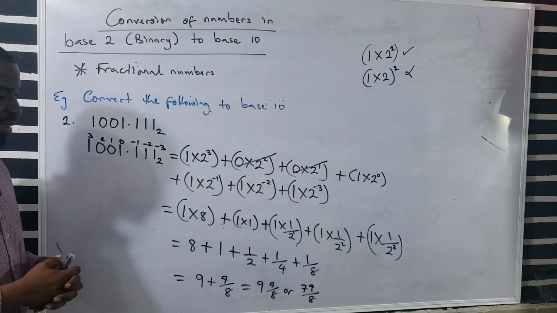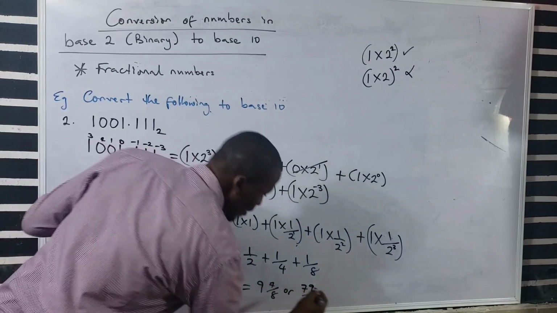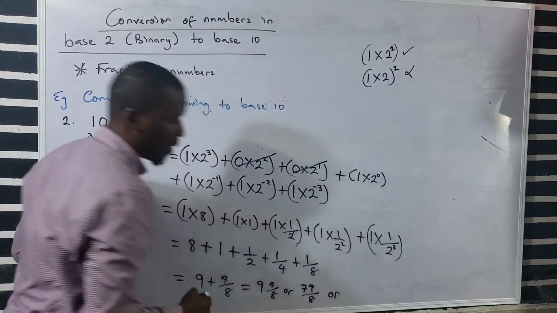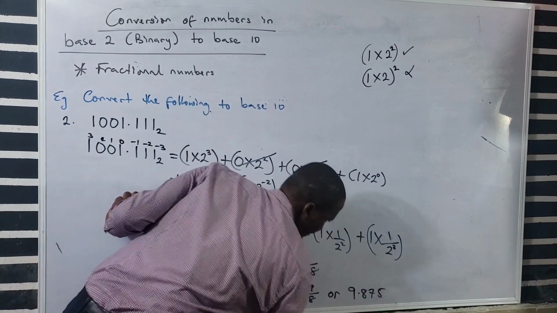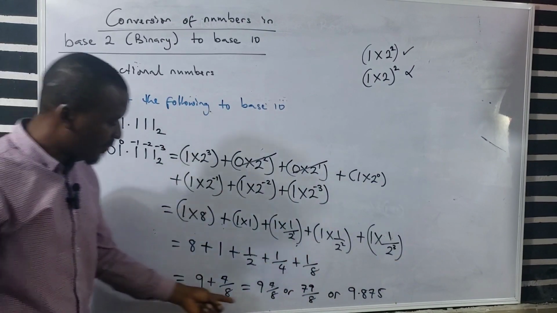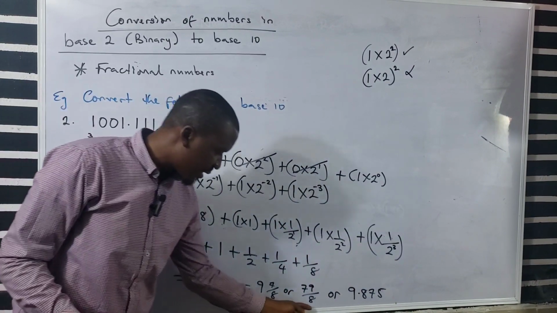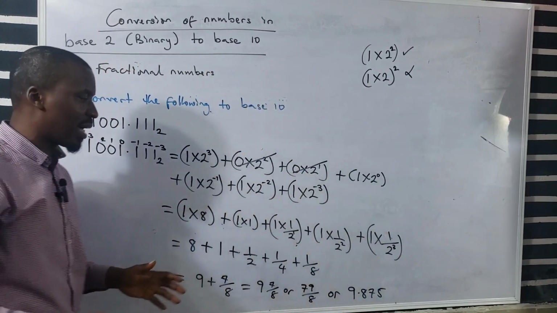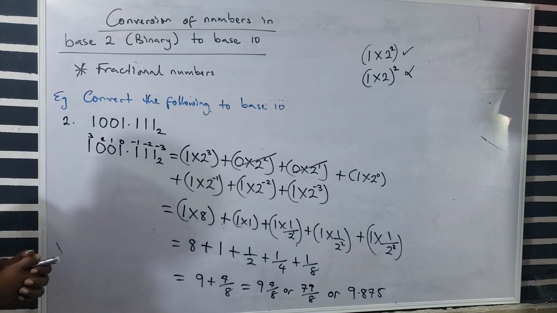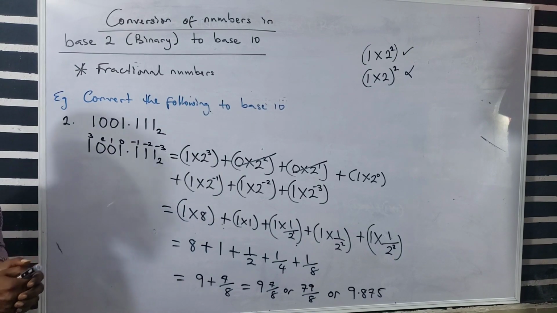So whichever method or format you decide to leave your answer in, it is very correct. You can as well put it in decimal, 9.875. So whichever way you choose to leave your answer, it is perfectly correct, unless otherwise stated.